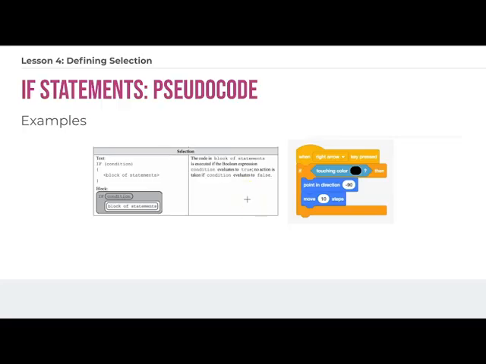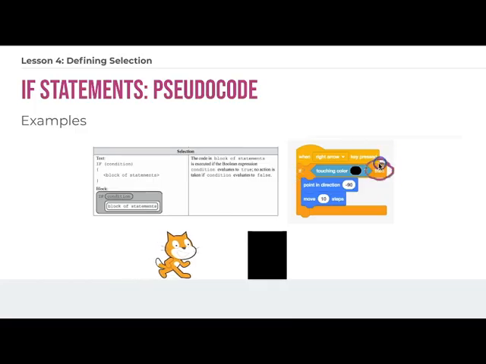On the right-hand side, I just included an example of what an if statement might look like in Scratch. In this example, you have to picture the cat walking towards a big black rectangle, and the rectangle is to the right. So if the cat ends up touching that color, touching the rectangle, then they do include the word then right there.